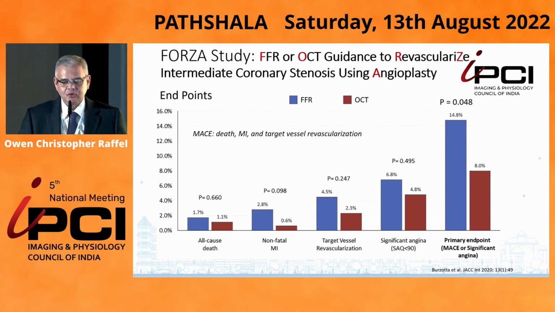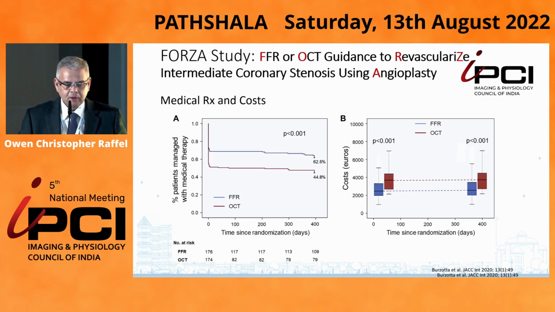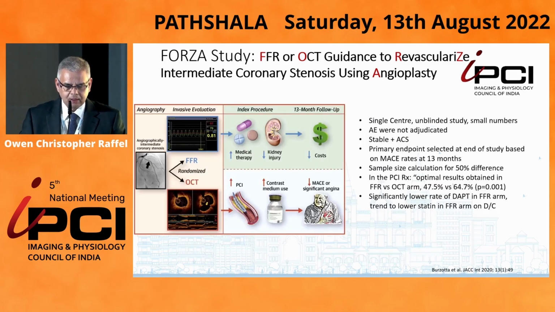There was a significant absolute difference, albeit it just made the cut with the p-value. And this was from a trend for benefit in all the endpoints, but none of them were individually significant. It did show that with OCT you use more stents, and it was a bit more costly than FFR alone, something we would need to consider economically.